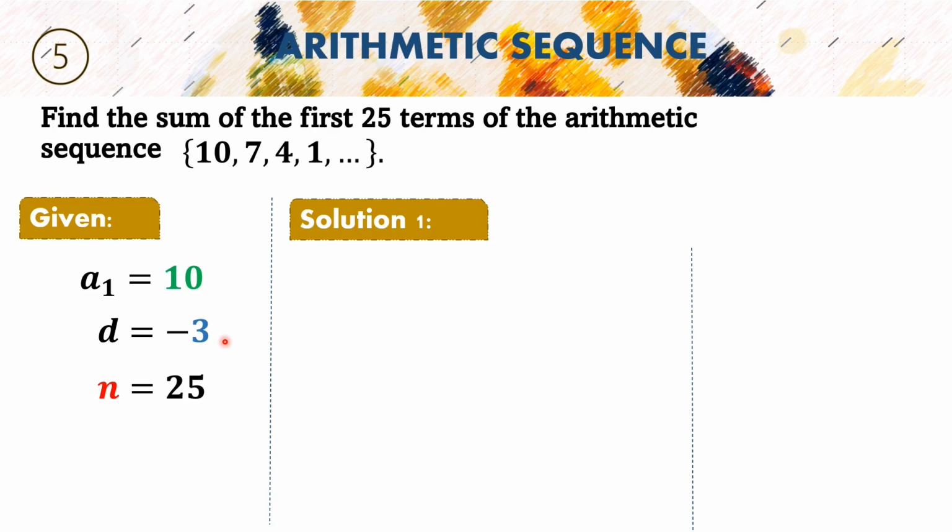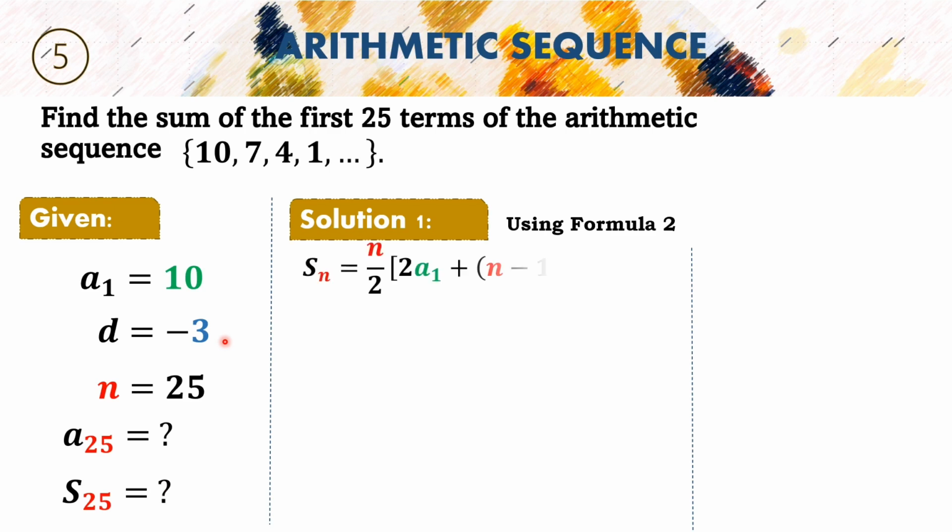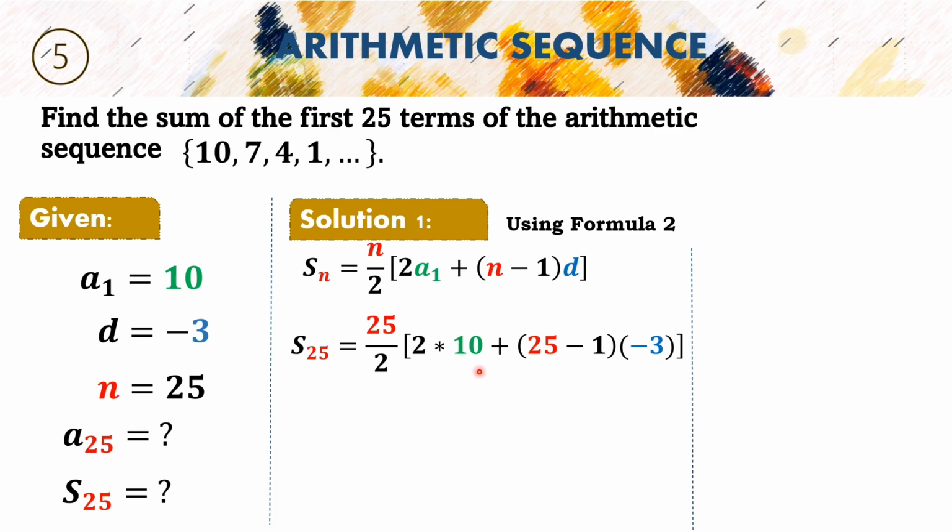We can directly use formula 2 for our solution 1. So S of 25 equals 25 over 2, quantity 2 times 10, plus quantity 25 minus 1 times -3.